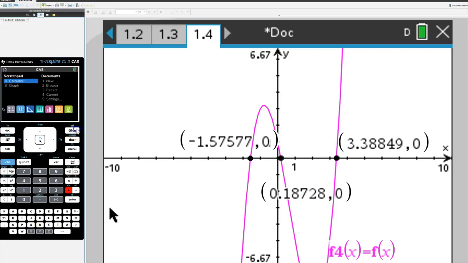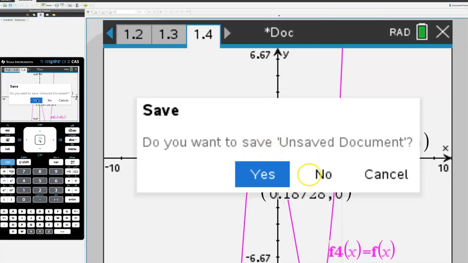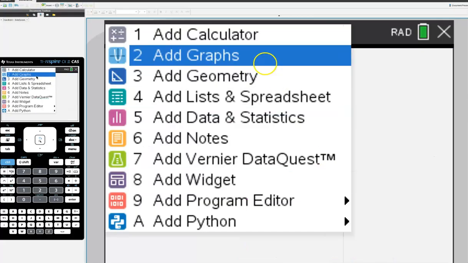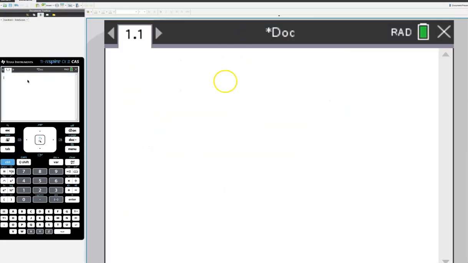I'm going to start a new page so that all of that old stuff is cleared out of memory. I'm going to enter that function g in memory just so I have it.